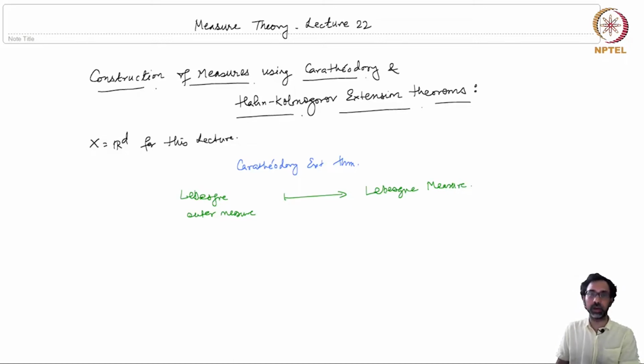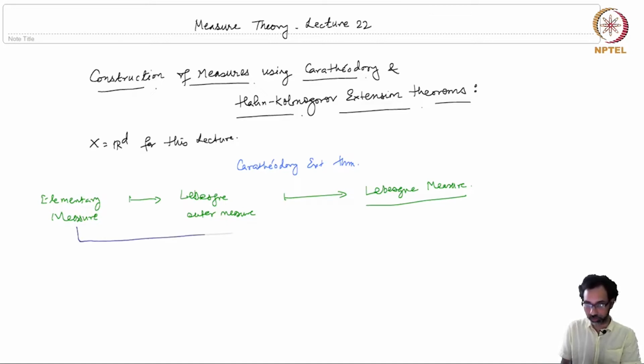So the restriction of the Lebesgue outer measure to both these sigma algebras is the same, and this is the Lebesgue measure. But remember that we had a definition of Lebesgue outer measure using the elementary measure, and I claimed in my last lecture that this passage from the elementary measure to the Lebesgue measure is given by the Hahn Kolmogorov extension theorem.